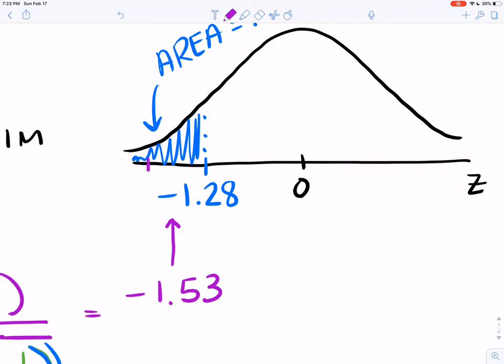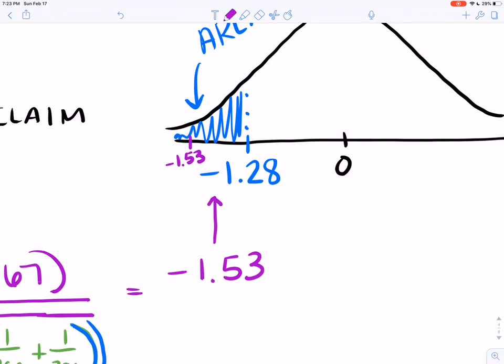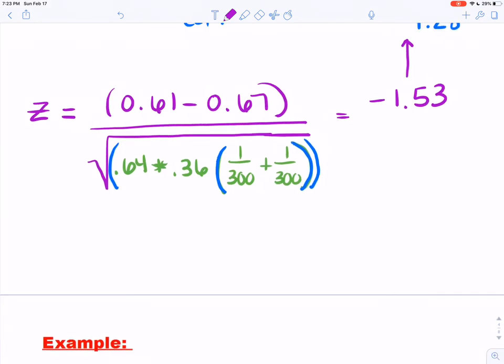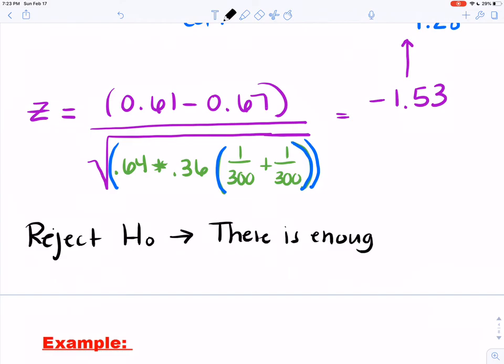Negative 1.53 is less than negative 1.28. What's important to us is that it's inside the shaded rejection region, and that tells us that we should reject the null hypothesis. Rejecting the null hypothesis means there is enough evidence.